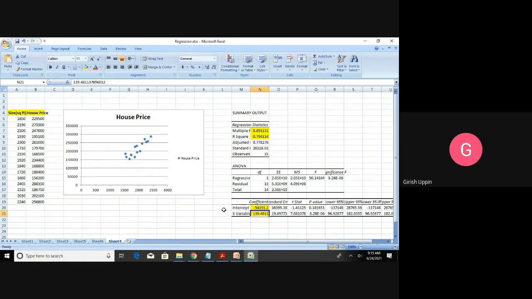What would be the equation here? y is equal to, the value of m is 139.48, or you can say beta 1, 139.48 into the size of the house, minus 54,191, which is what we got in this particular equation.